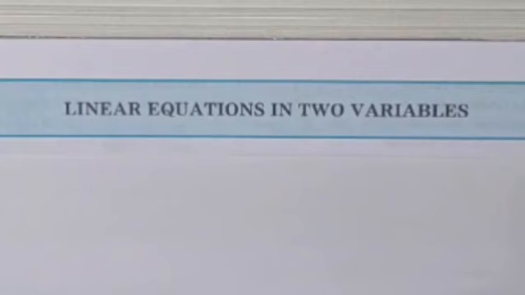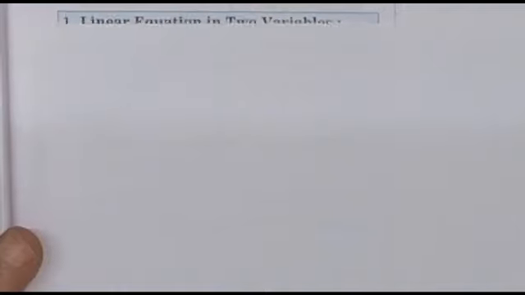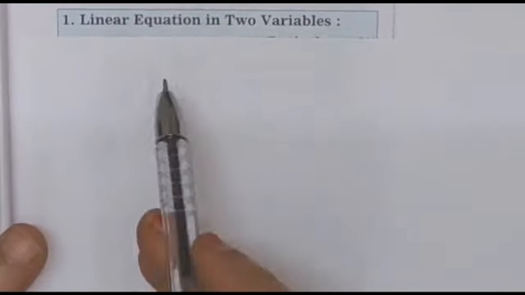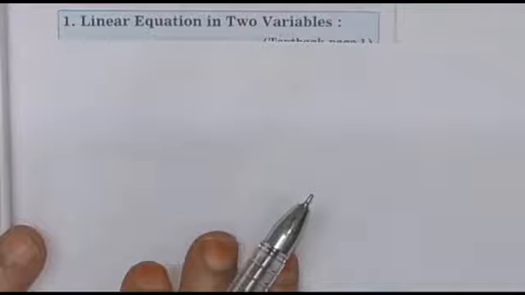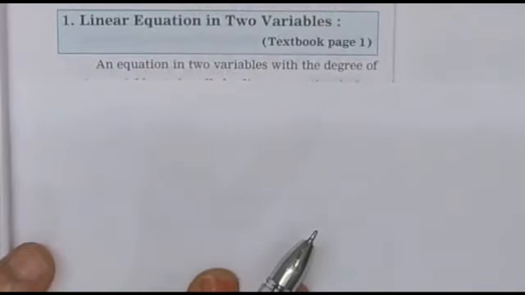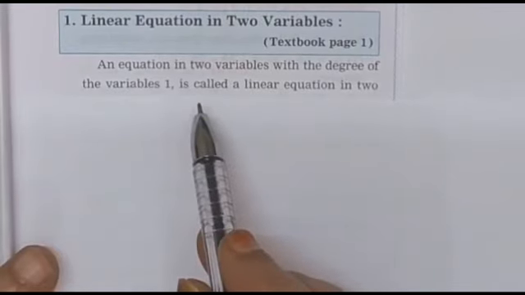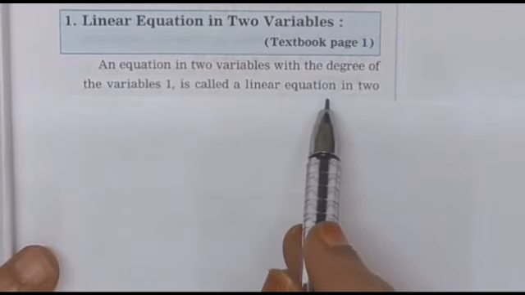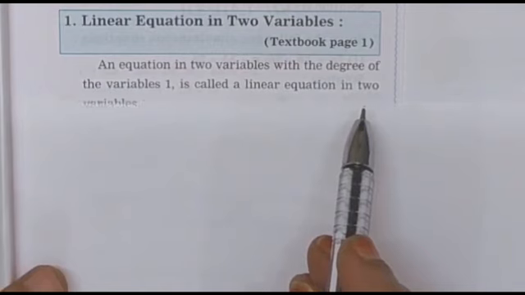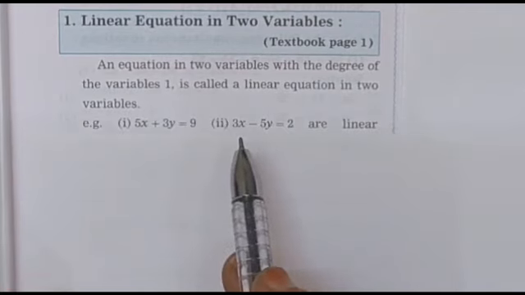Today we are going to study the first topic of Maths 1, which is linear equations in two variables. The definition of linear equations in two variables: an equation in two variables with the degree of the variable being 1 is called a linear equation in two variables.